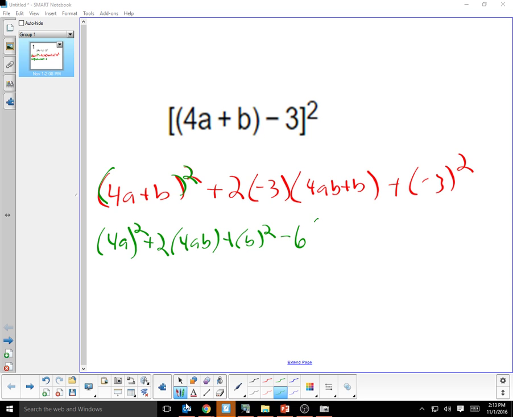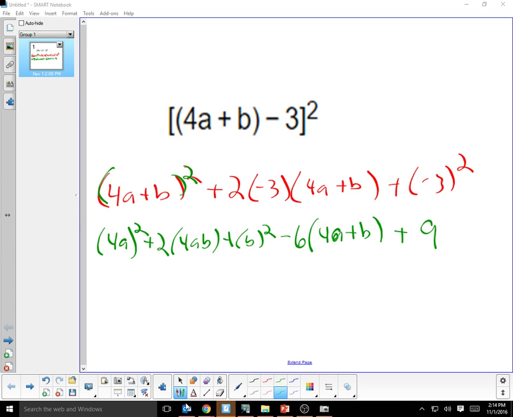This becomes minus 6 times 4a plus b. Yeah, that's what I was going to ask you. I jumped the gun. It's 4a plus b. It's the middle one. Should fix it here too: 4a plus b. And then finally I'm going to get plus, what's 3 to the second? 9, right?